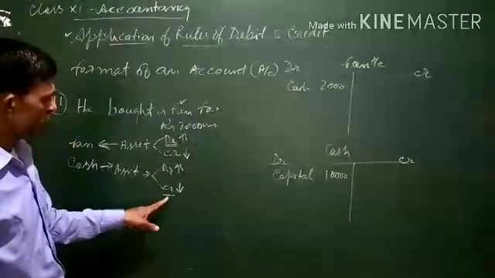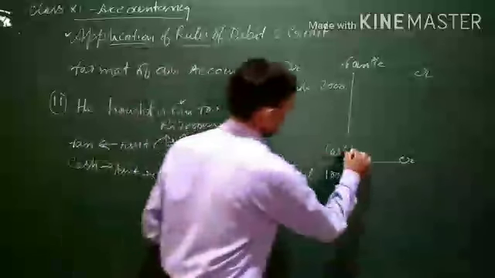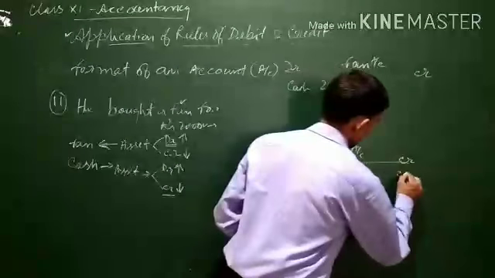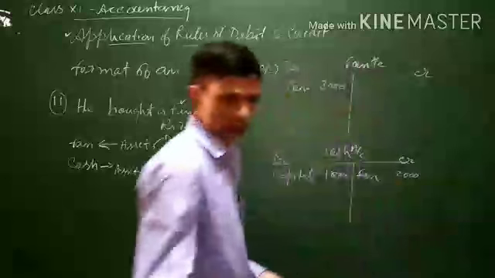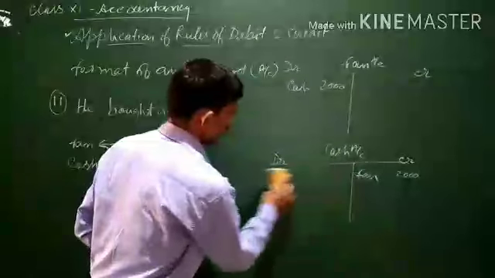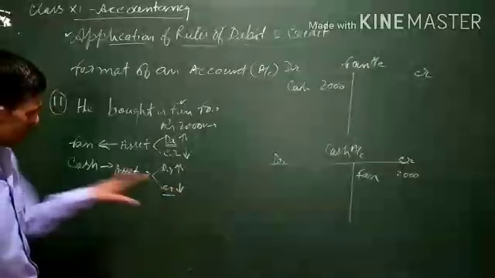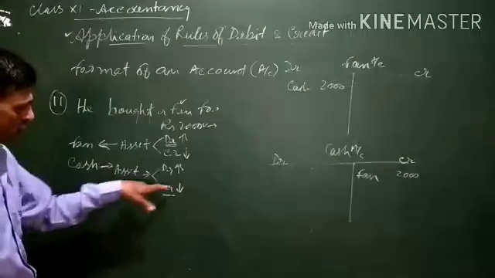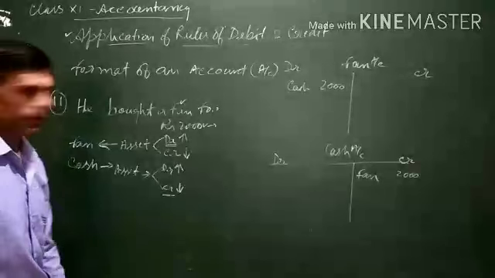Cash will decrease, so it will be credited. On the credit side of the cash account, we will be writing 2,000 because 2,000 cash will be going out of the business. When an asset decreases, it will be written on the credit side.